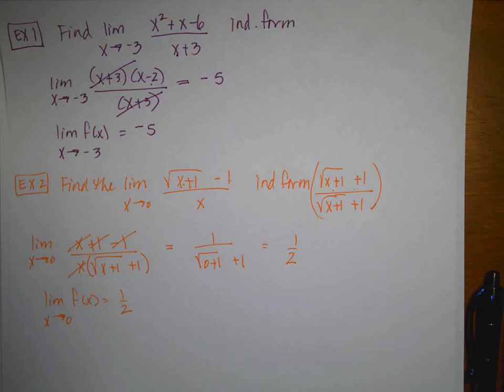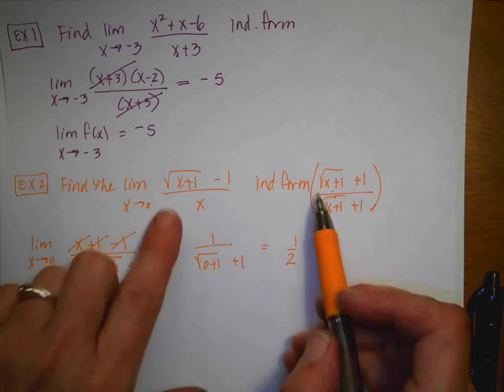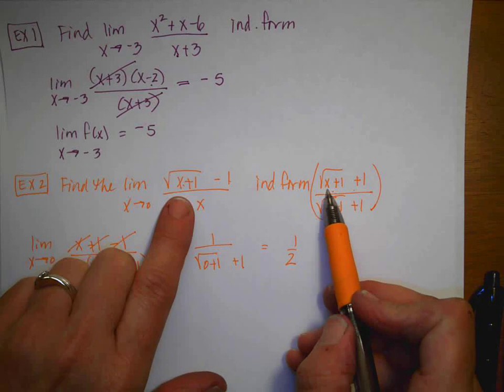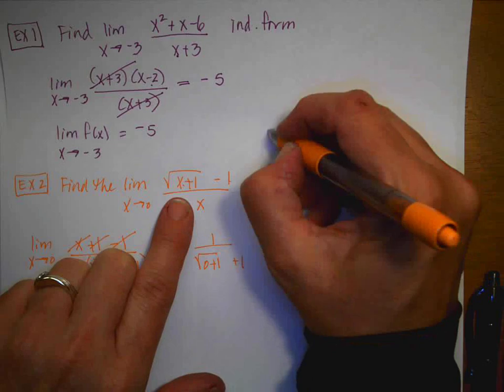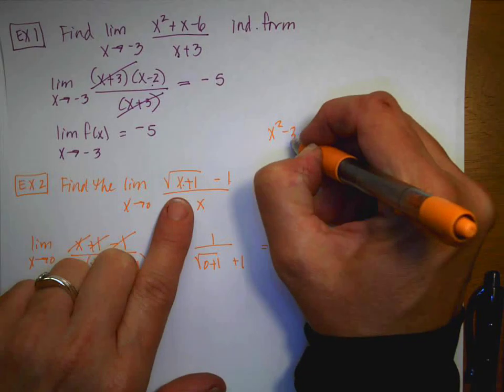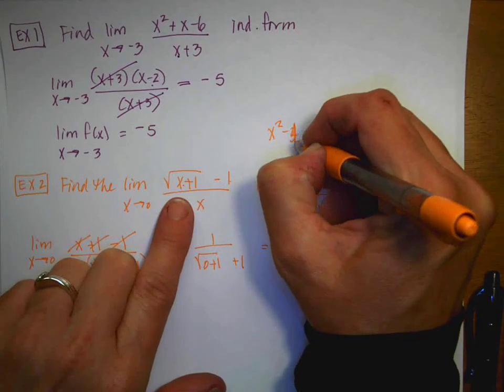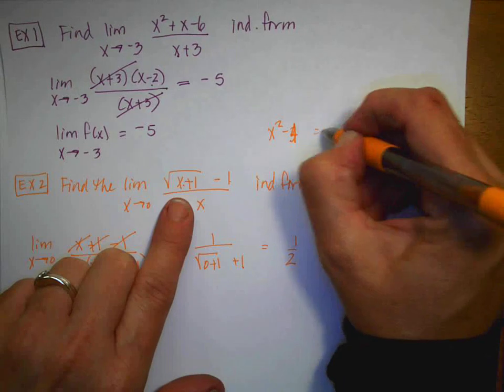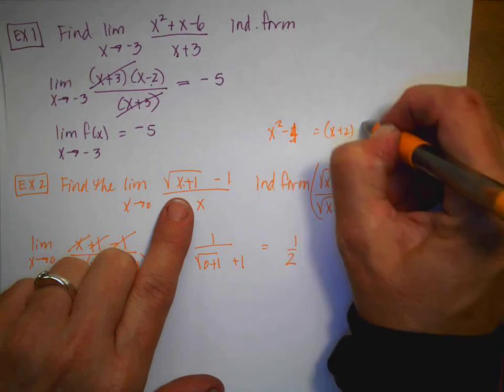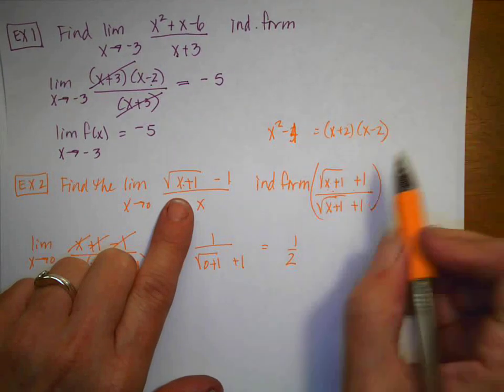So it was actually way easier than it seems. The thing you need to remember is we multiplied by a conjugate to create a difference of 2 squares, which is like x squared minus, let's pick a pretty number, 4. And remember, this was x plus 2 and x minus 2.